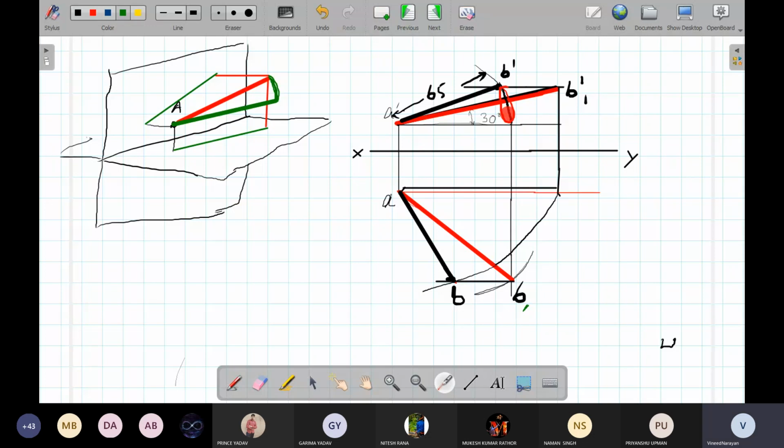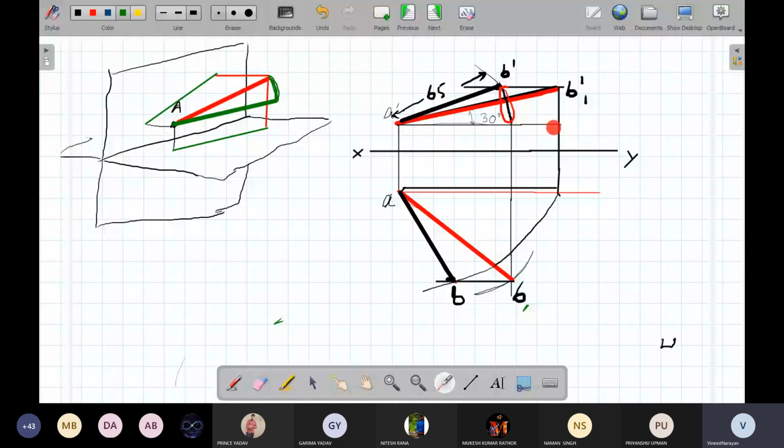This rotation is exactly what we did here with this green line. We are rotating till it becomes parallel to the horizontal plane. So this line is the line parallel to the horizontal plane.